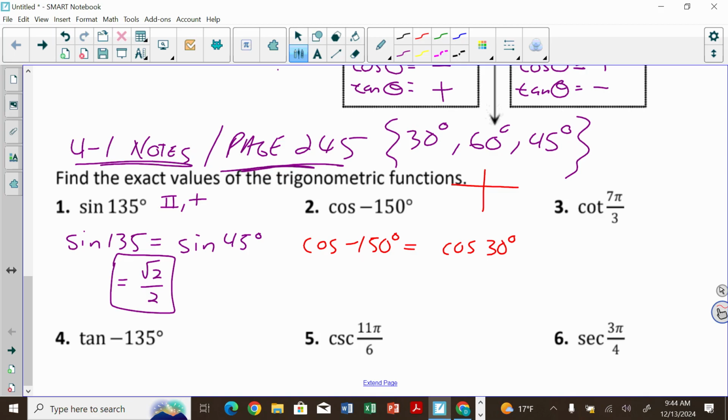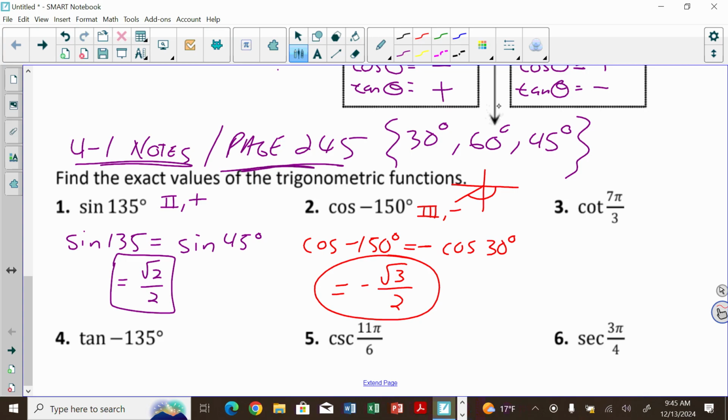Cosine of negative 150 is going to put me in this quadrant here, quadrant 3, which means that cosine is going to be negative here. So I can put a negative sign out in front. Then I use that chart and ask, what's cosine of 30? Cosine of 30 is square root of 3 over 2. But I know it's negative because of that. So moving on to the next one.